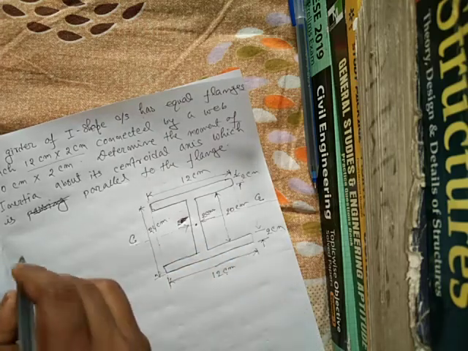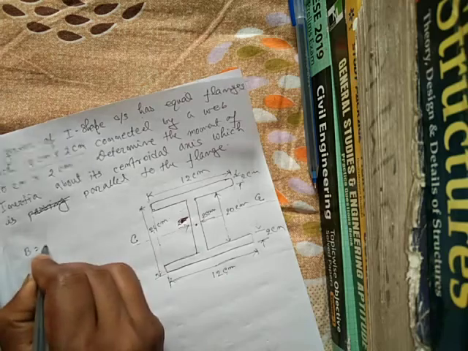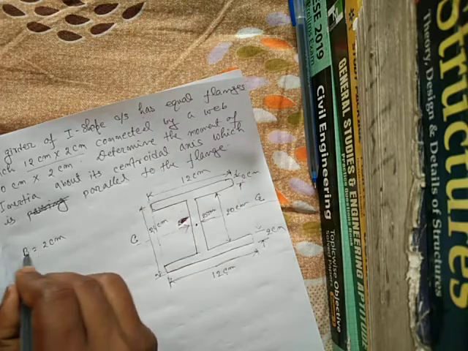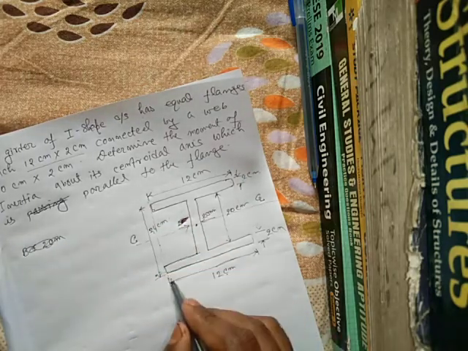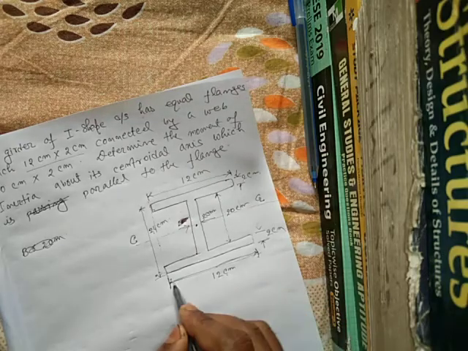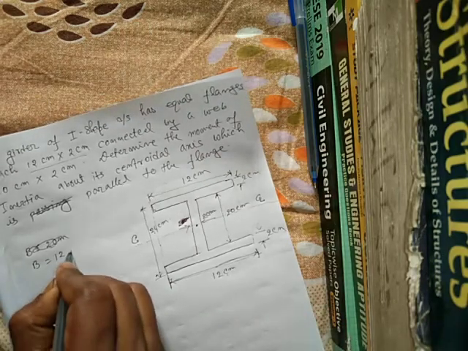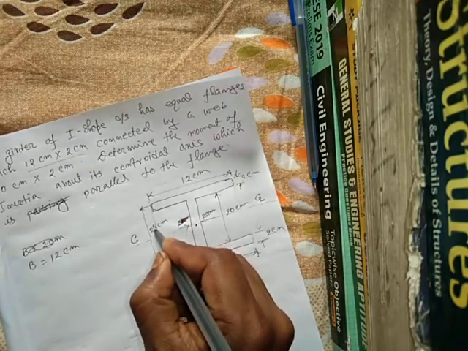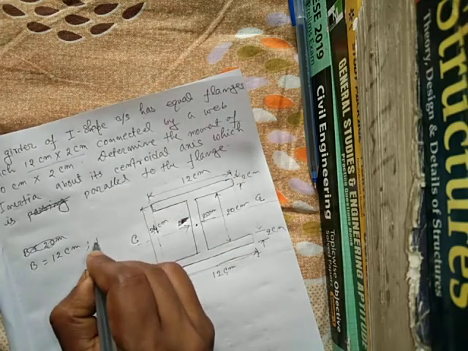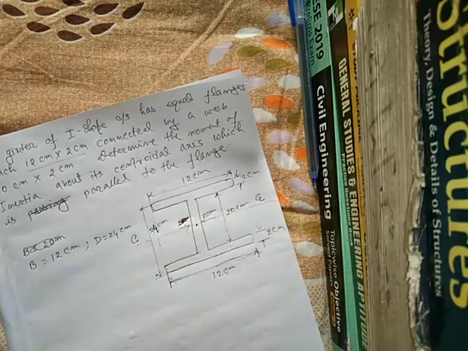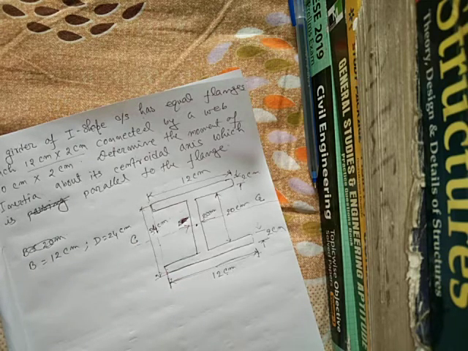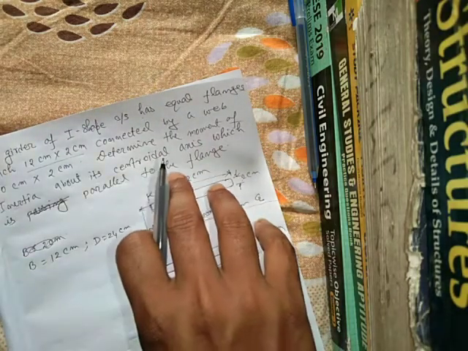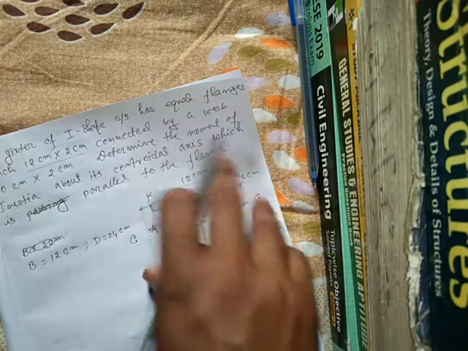Consider the whole rectangle of width B equals 12 centimeter and depth D equals 24 centimeter. Now we can find the moment of inertia of the whole rectangle section.